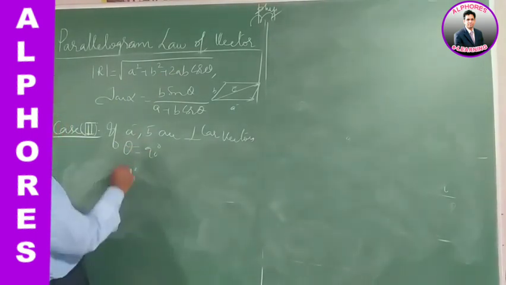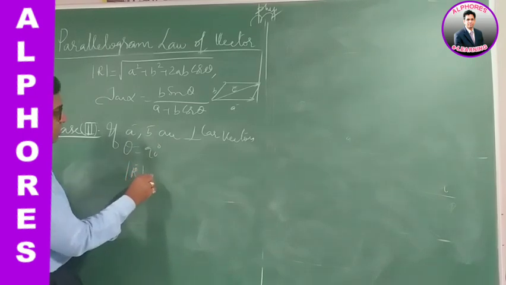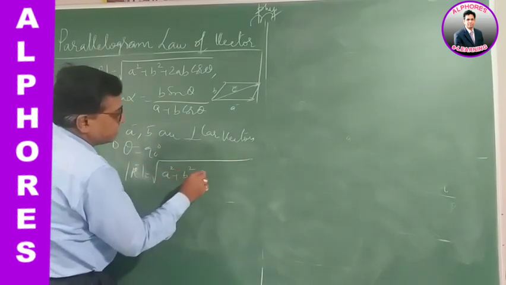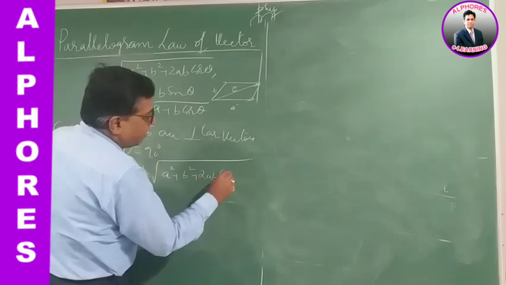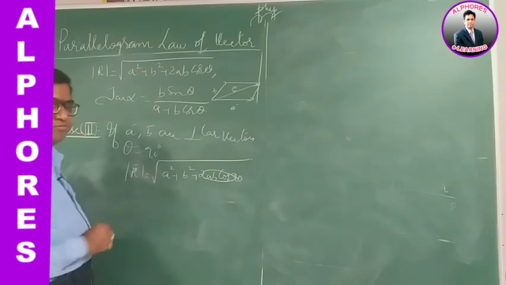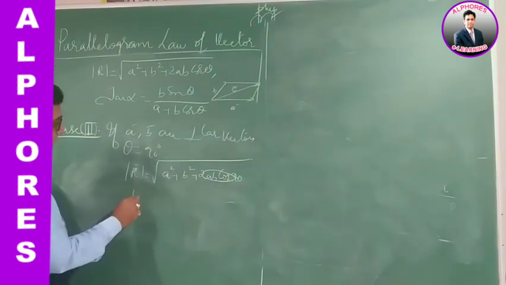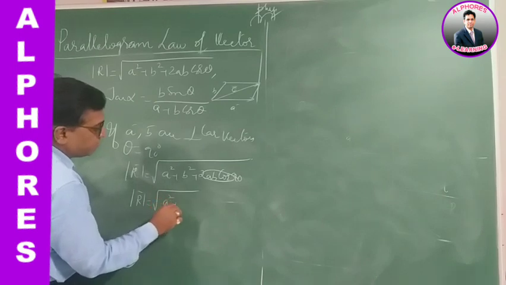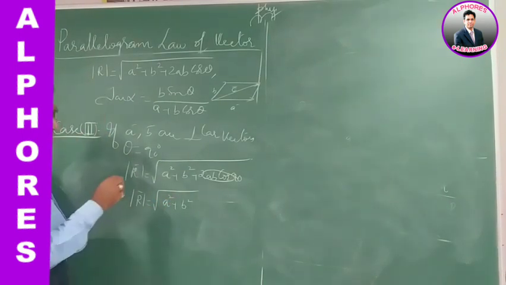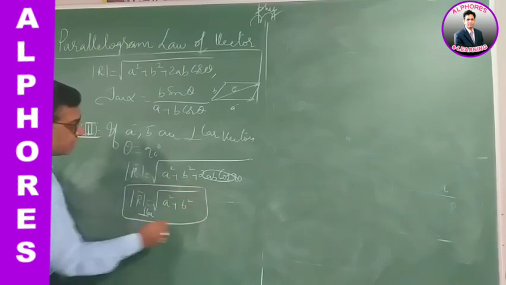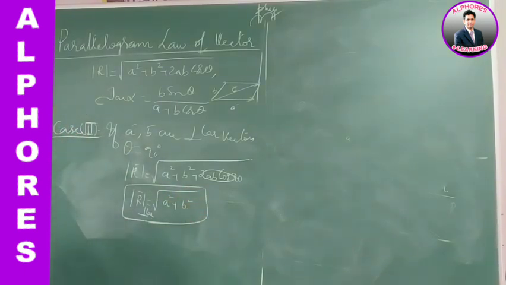Substituting, mod R is equal to under root of A square plus B square plus 2AB cos 90. According to trigonometry, cos 90 is zero. Therefore the magnitude of the resultant is root of A square plus B square. This is called the perpendicular resultant of two vectors.